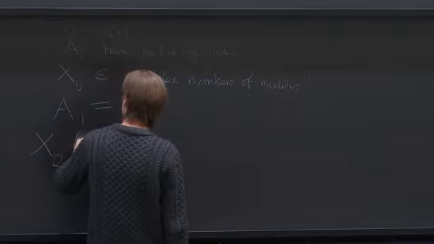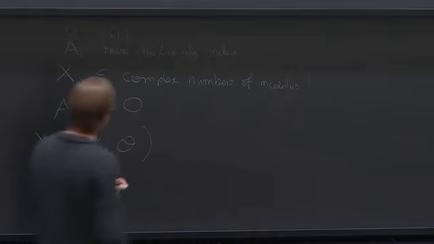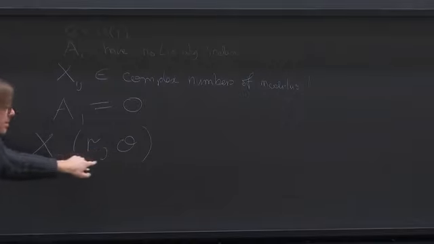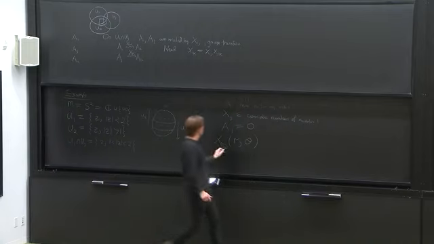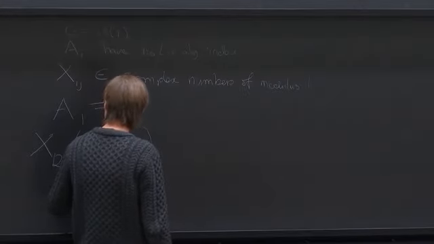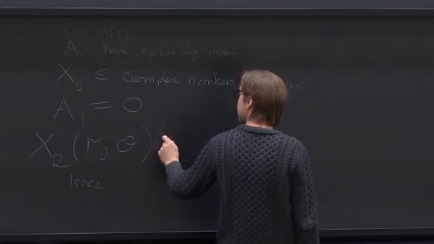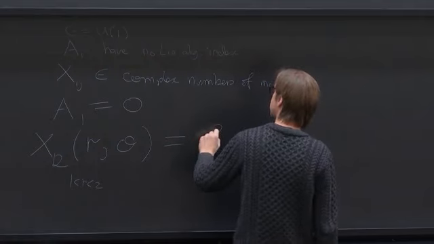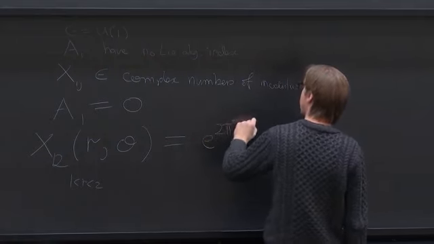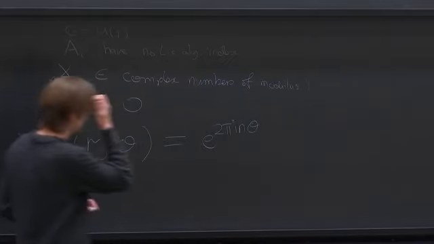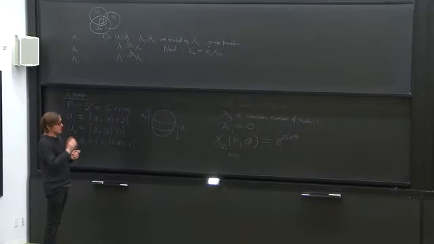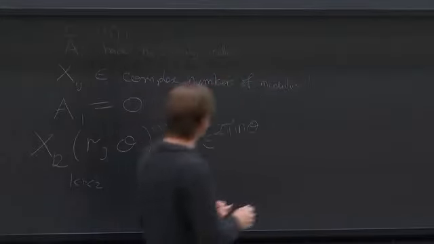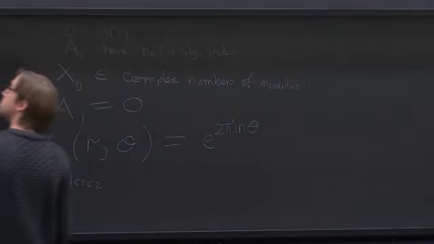I'm going to write this as a function of r and theta. I'm going to take this annulus here in polar coordinates, where 1 is less than r is less than 2, and I'm going to choose this to be e^(2πinθ), which is certainly a complex number of modulus 1. But then we have to think about what is A2.